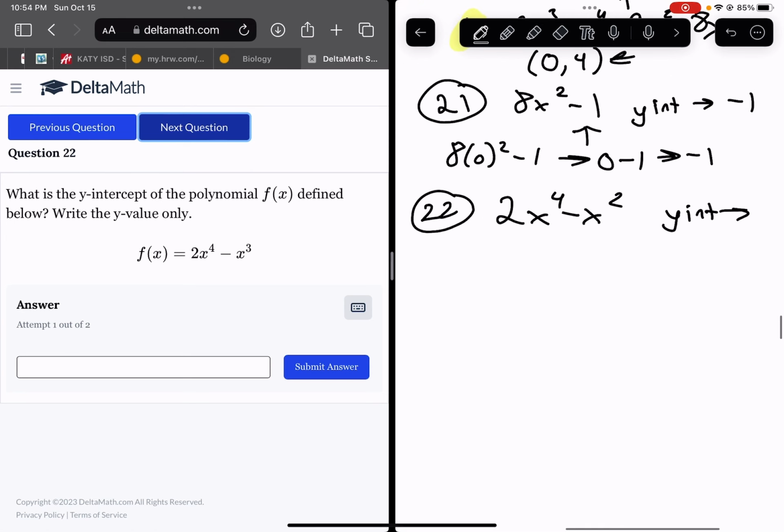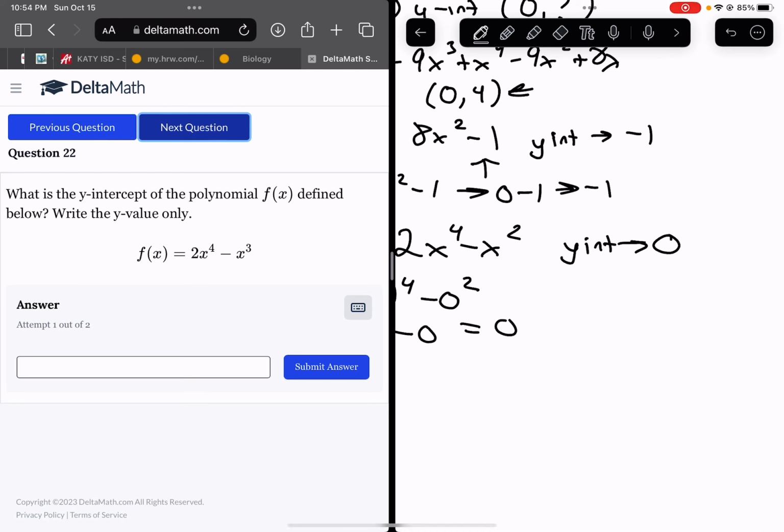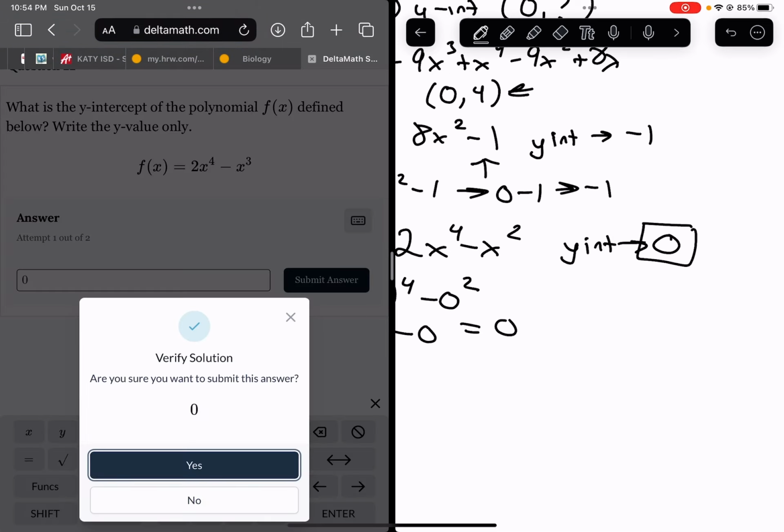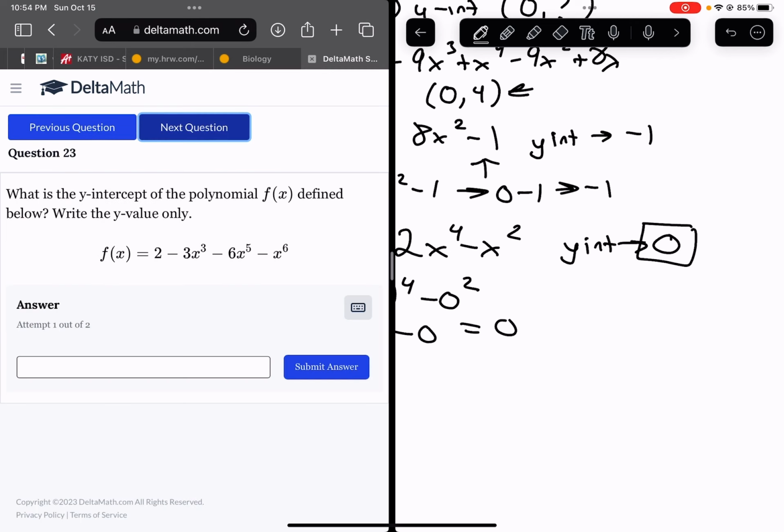If we plug in our 0 for x, right, we end up with 0 minus 0, which gives us 0. So our y-intercept here would just be 0. When there is no constant term in your polynomial, your y-intercept is 0. All right. So like here, I'm not even going to write this one down, but our y-intercept would just be 2.